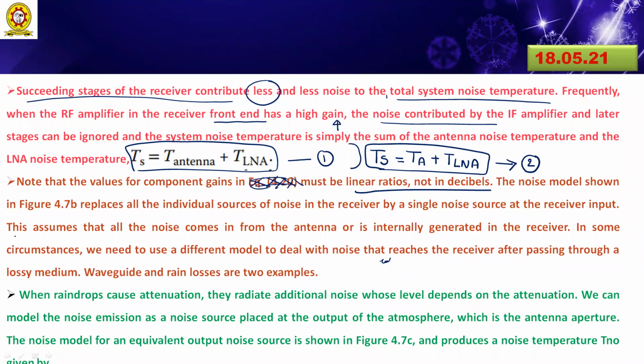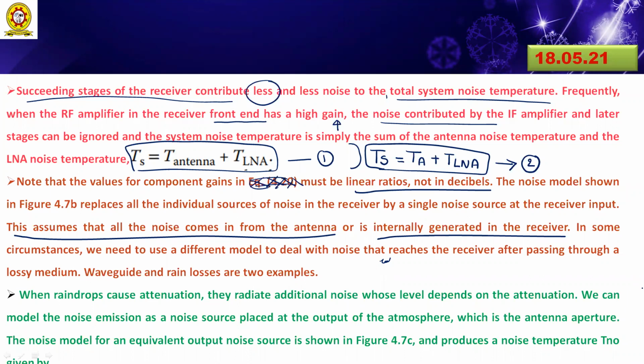That's why I mentioned these assumptions: all the noise comes from the antenna and is generated in the receiver. We have to estimate all available noise temperature while calculating the system noise temperature. Clear?